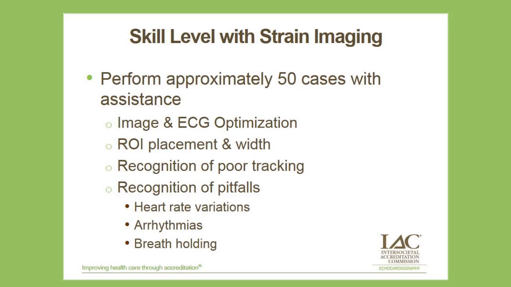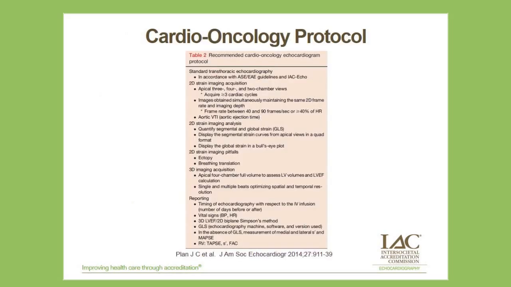So that actually, if you need to go back and reacquire images because maybe you had a PVC that you didn't notice before, or there was some variations with heart rate, whatever the case may be, you could go back and still get the images while the patient's still there.